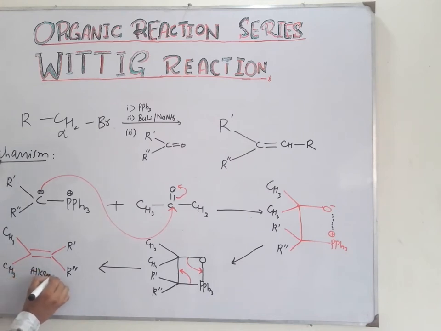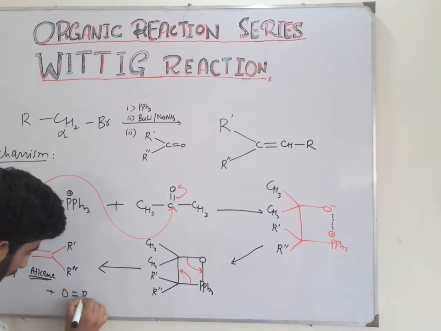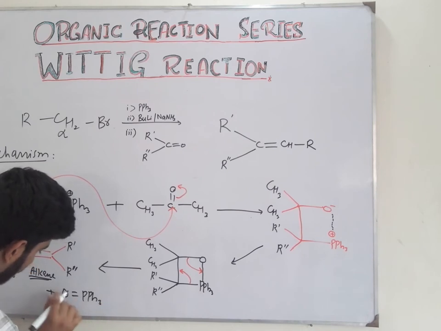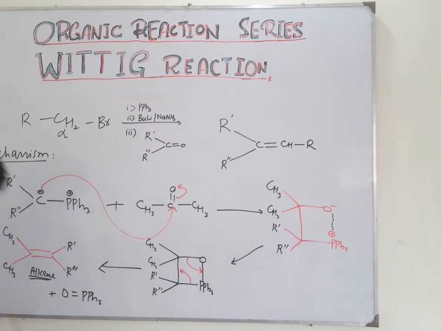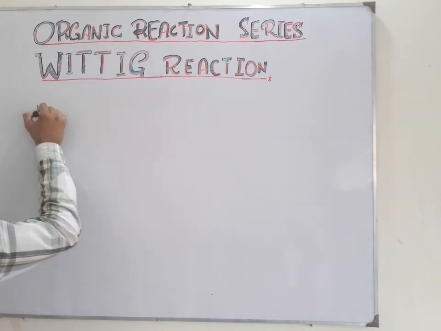Alkene is synthesized from aldehydes and ketones by the Wittig reaction, and triphenyl phosphine oxide is generated. So this is the mechanism of the Wittig reaction.